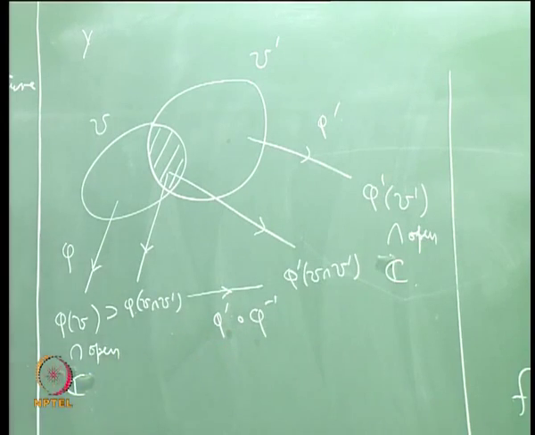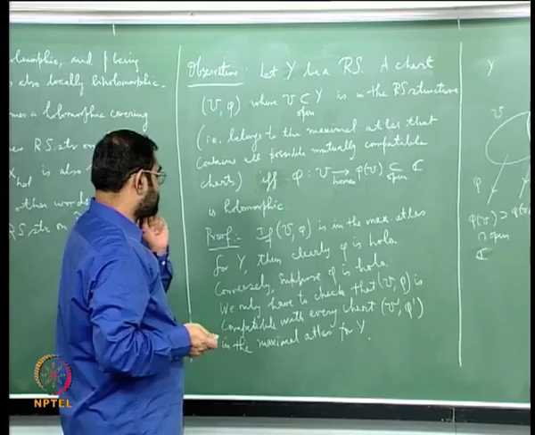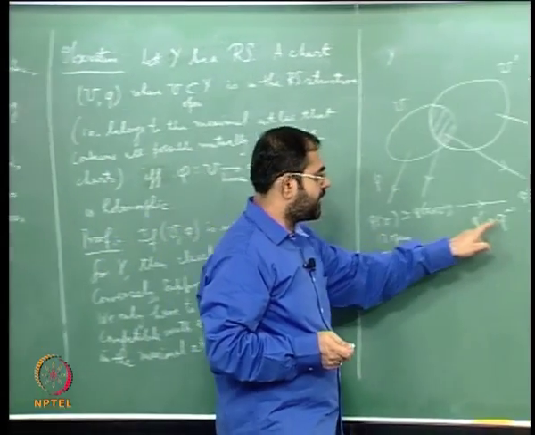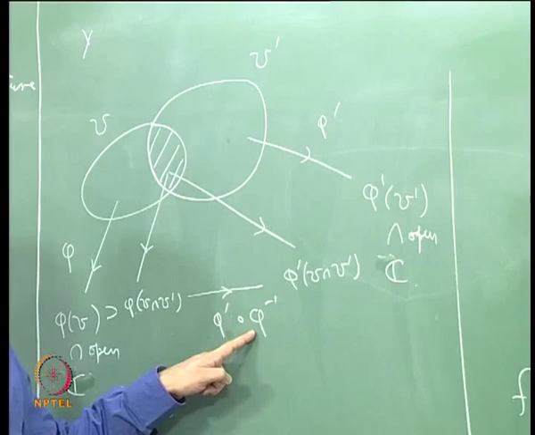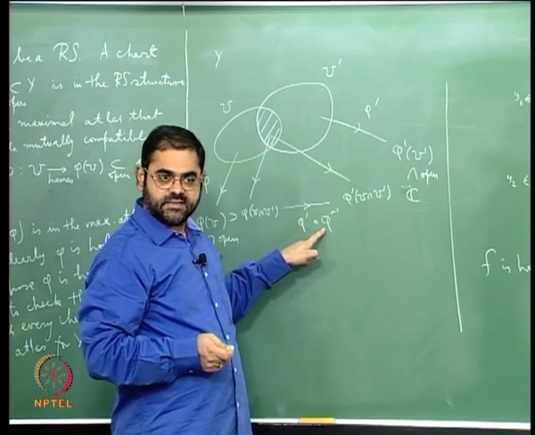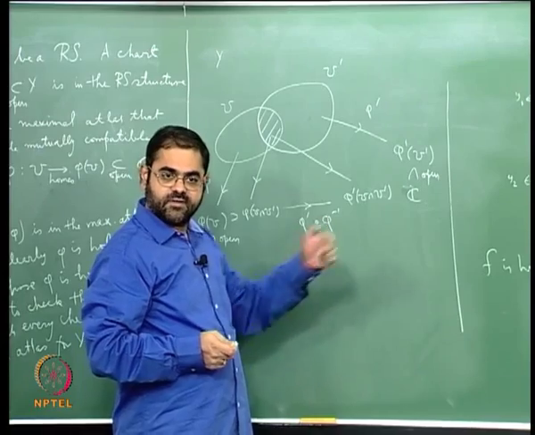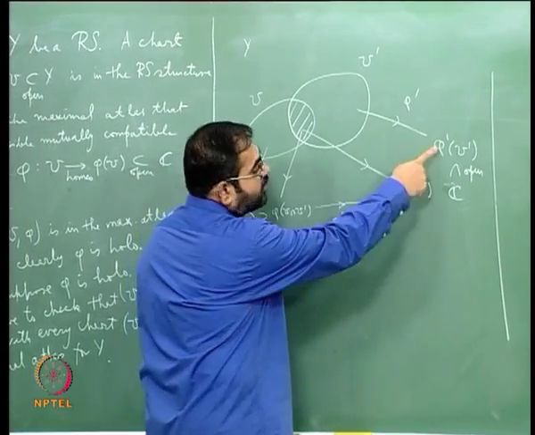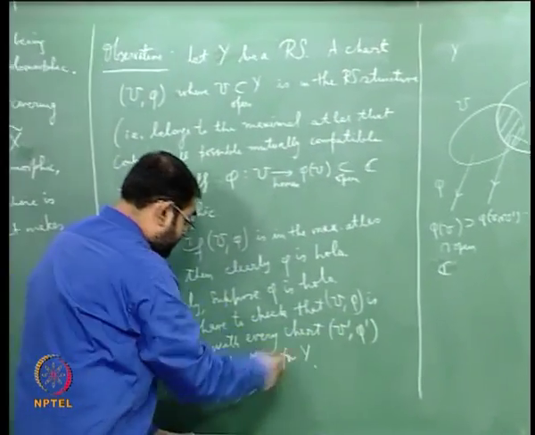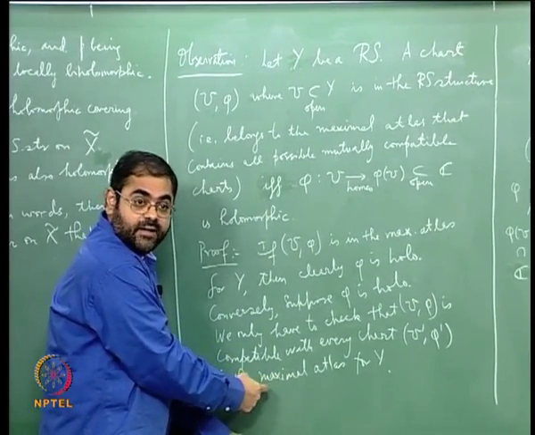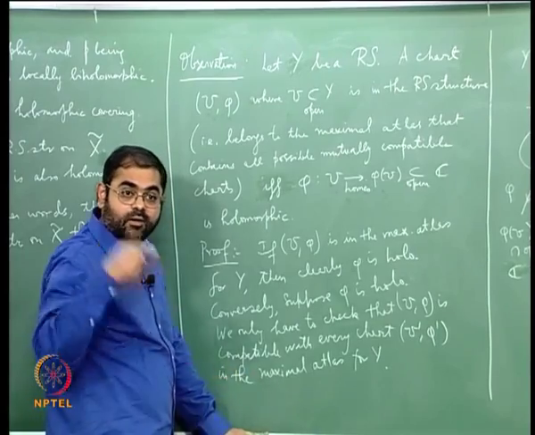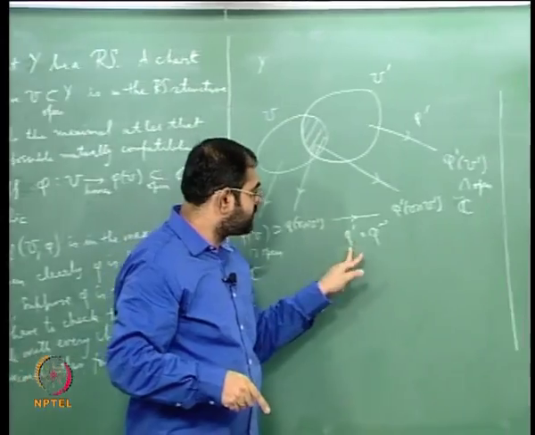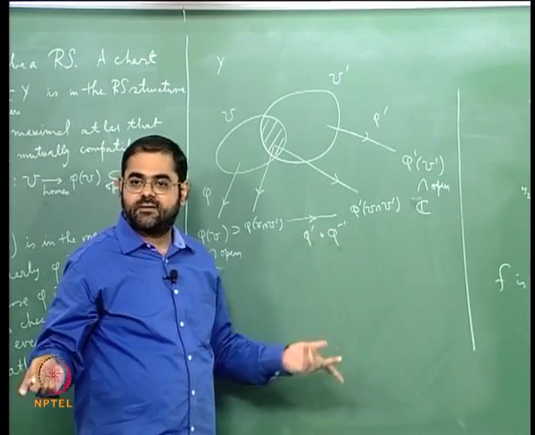But what is given to me? What is given to me is that phi is holomorphic. Phi is holomorphic and phi is injective, so it is biholomorphic, therefore phi inverse is also holomorphic. And phi prime is holomorphic because (U prime, phi prime) is already in the atlas. Take any chart in the atlas, the coordinate map for that chart is holomorphic. Therefore this composition is holomorphic, so I have checked the compatibility.